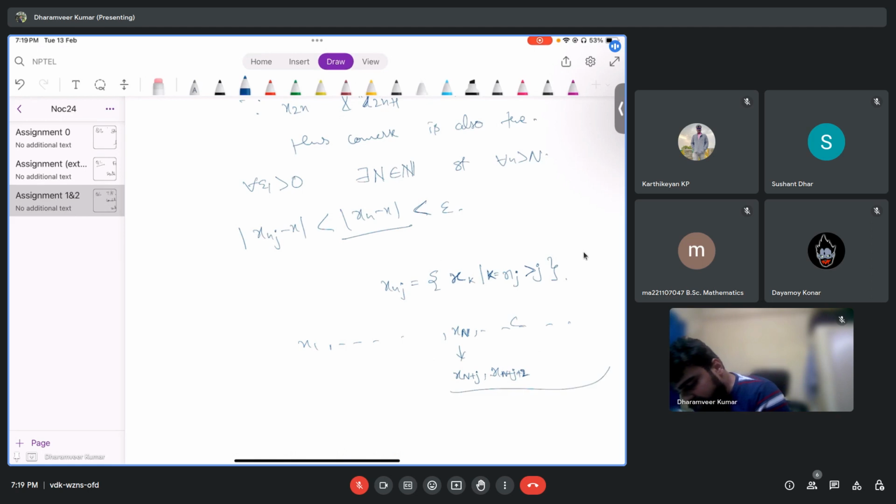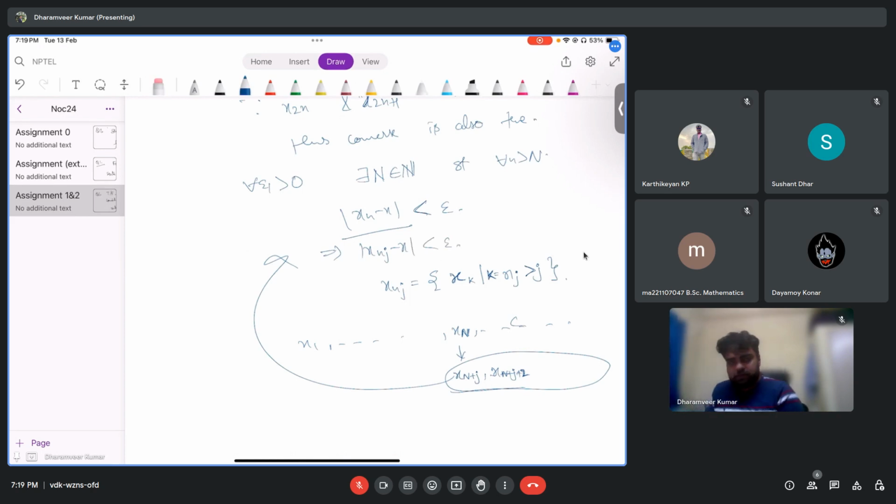So for all these numbers, this still is true. I'm not writing this. Basically, this implies xnj minus x, because this contains all the elements of the subsequence. Okay, you'll do this later, but I just told you right now.